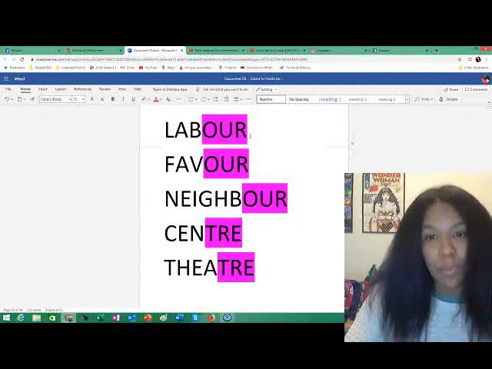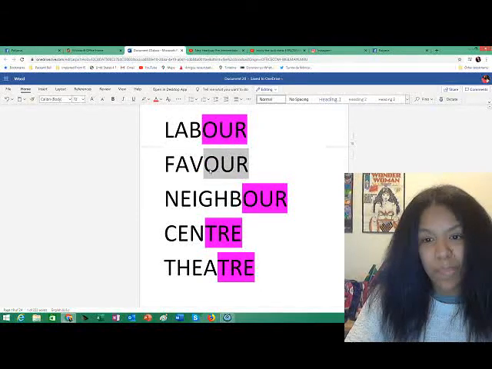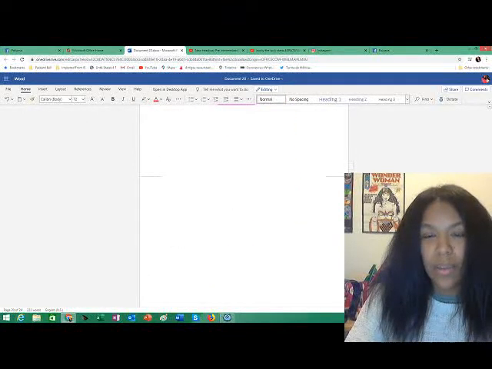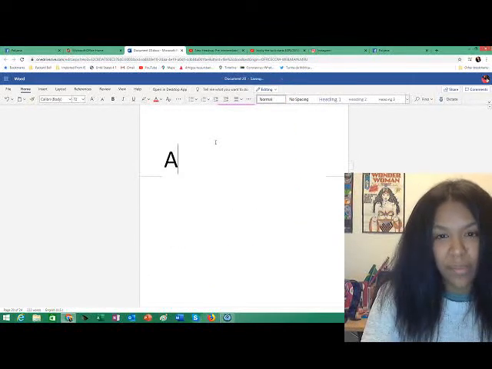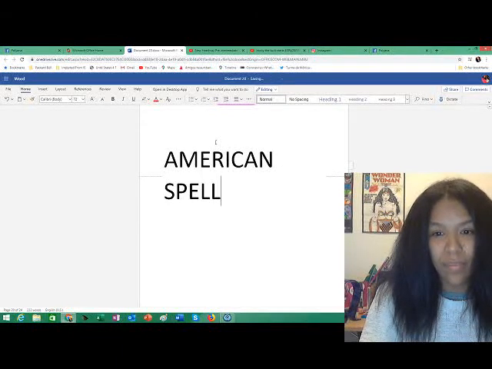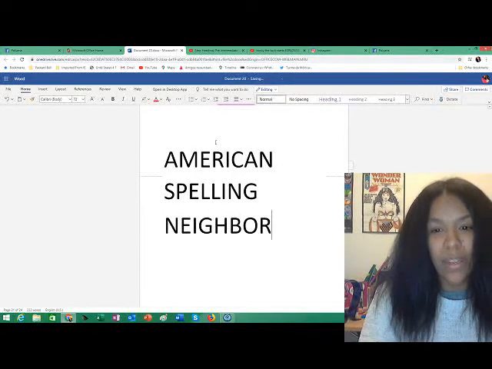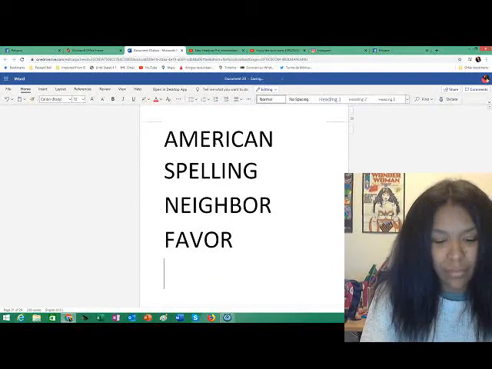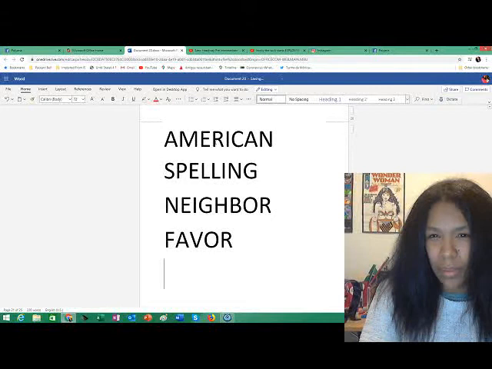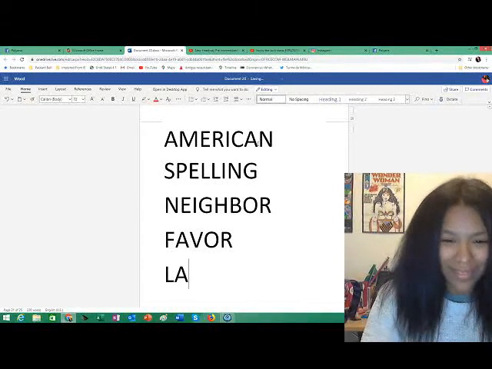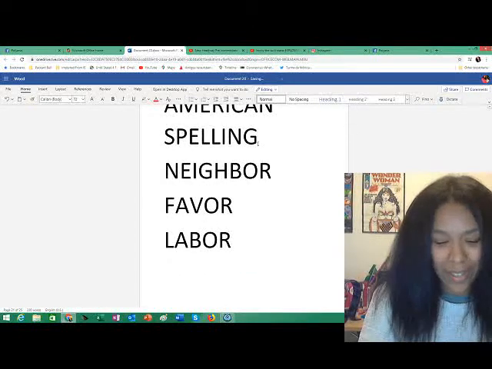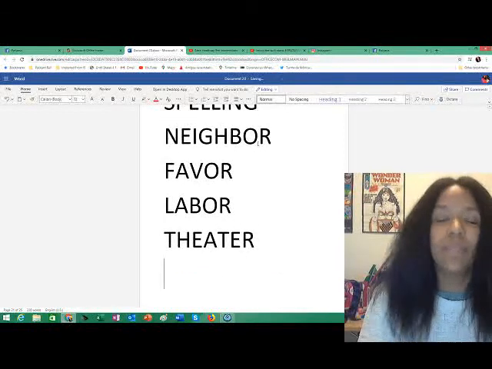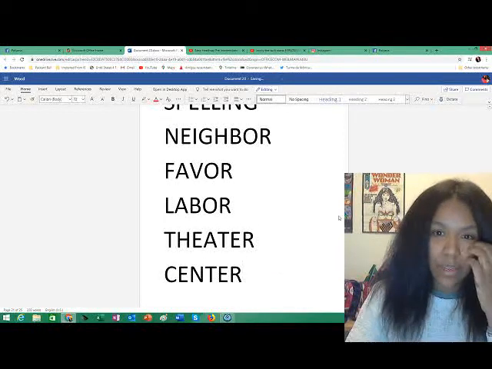But just remember that in British English, you have this spelling. And in American English, the American spelling of these words. Neighbor, favor. What was the other word again? Labor. It started this whole thing. Theater, center.